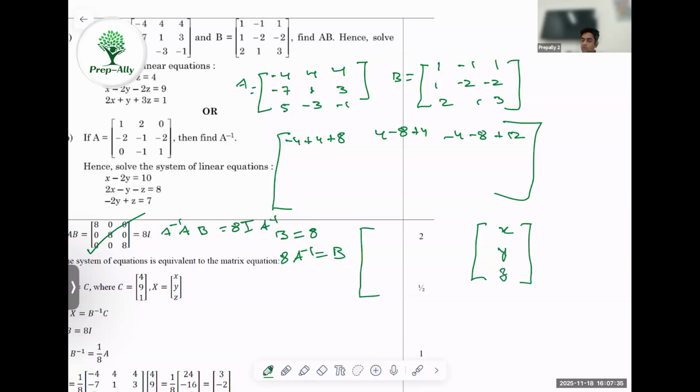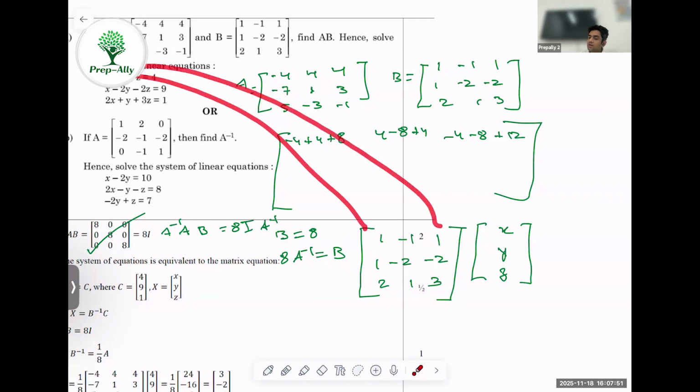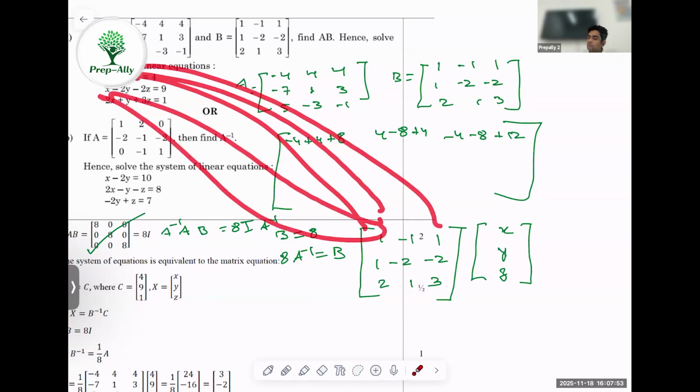Over here, we will put all the coefficients, that is, we are getting 1, minus 1, 1, which are the coefficients of x, y, z. Then I have 1, minus 2, and then 2, 1, 3. So basically, we are putting the coefficients of x, y, z accordingly, nothing else.